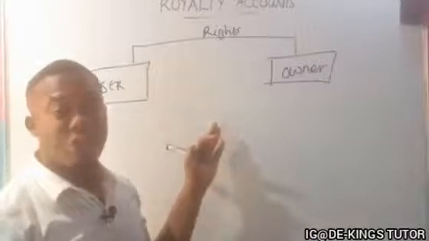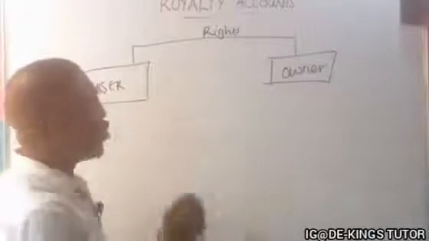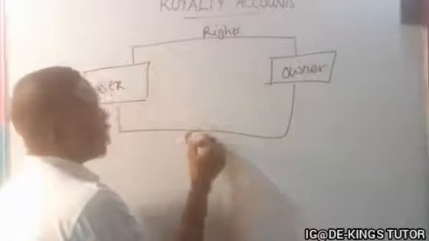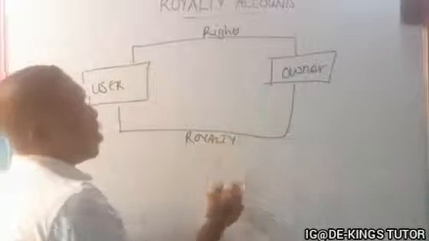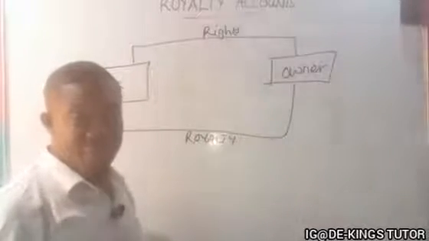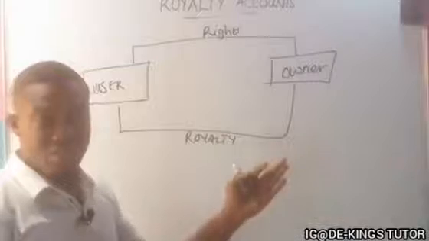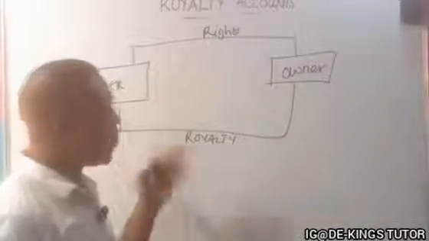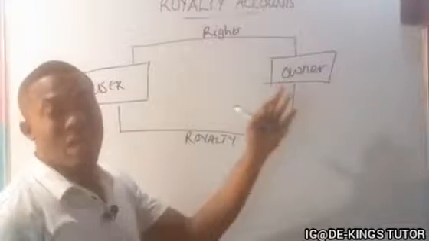In return, the user will have to pay what is known as a royalty, because it cannot be given for free. So royalty stands for the amount paid to enjoy the rights of an owner.